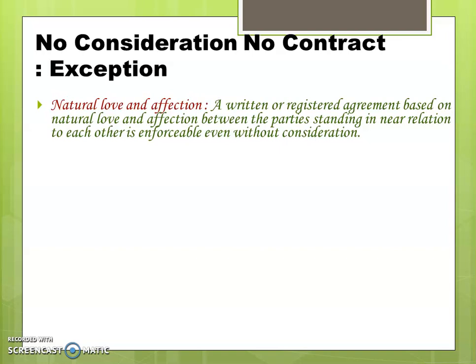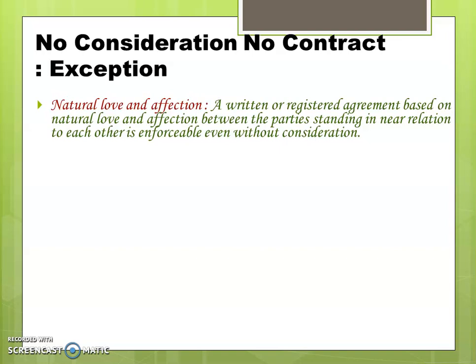The husband says to the wife that he will give maintenance, or some kind of monthly payment to the wife for her normal livelihood. So that is a kind of contract or oral contract arising out of natural love and affection.